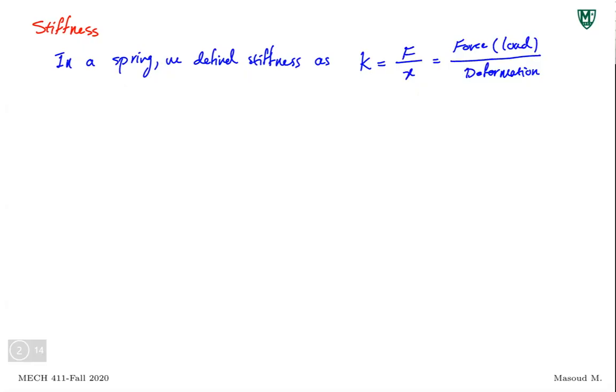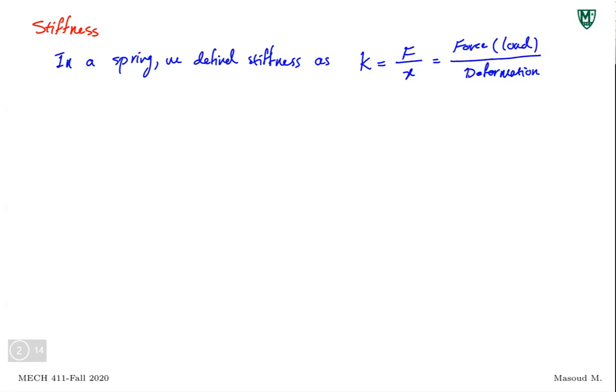So these spring-like behaviors actually help us to find the equivalent of such systems. All we need to do in those cases is find the relationship between the force and deformation, like that fraction that I put there.